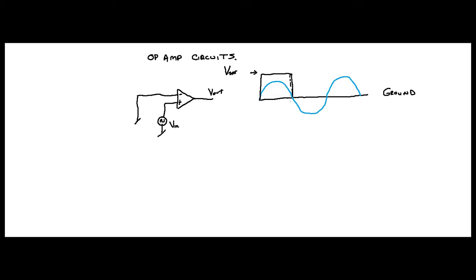When it crosses zero, your non-inverting input is now below your inverting input, so this is going to go in this direction, until such time that your non-inverting input voltage is above your inverting input voltage, and it's simply going to go up again, right?